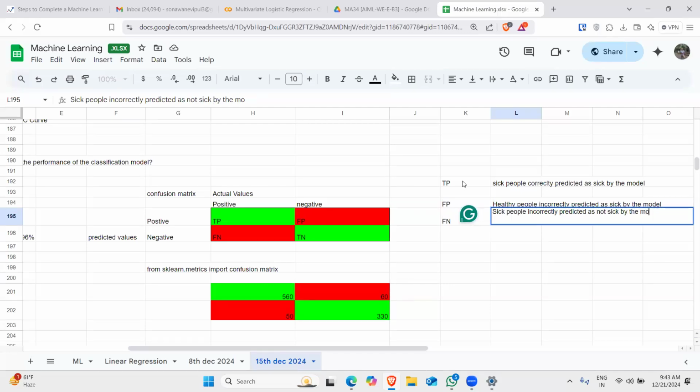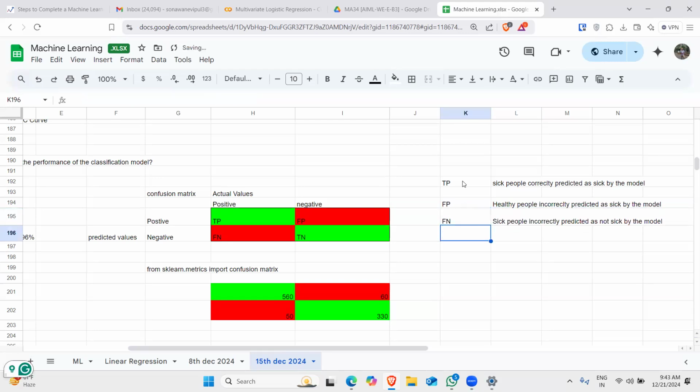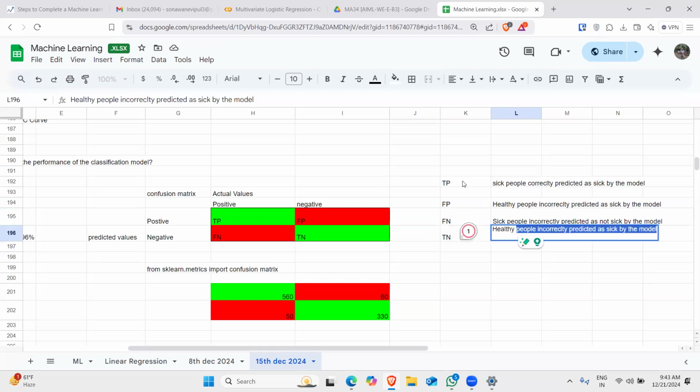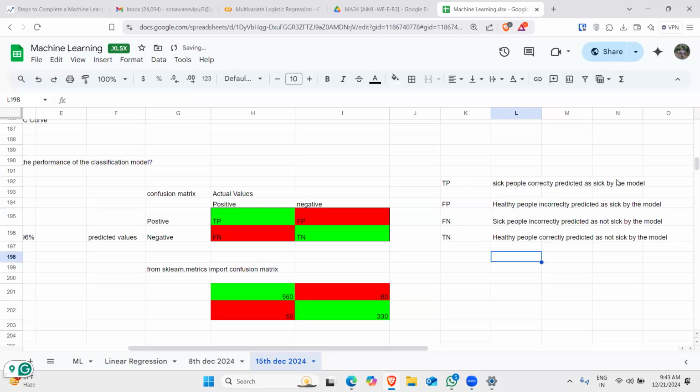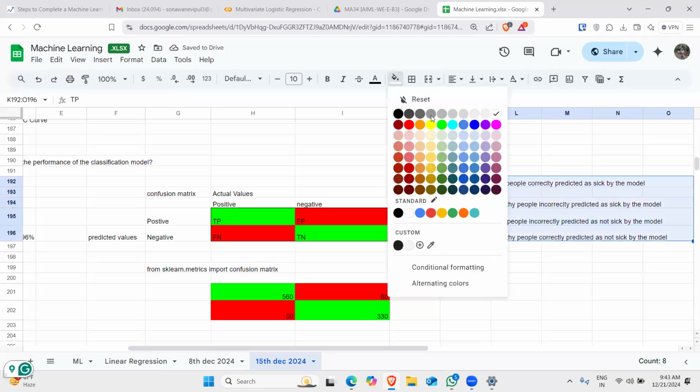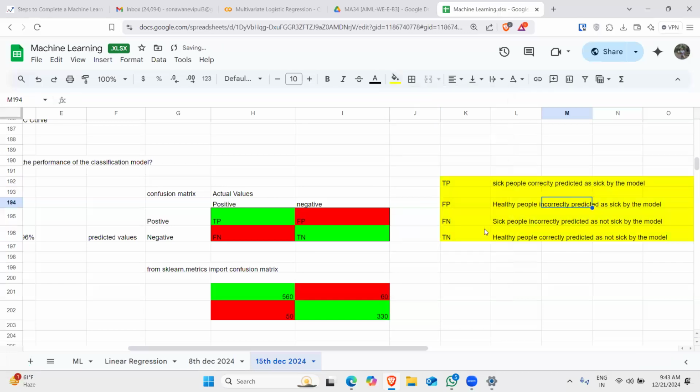Simple. And what is true negative? It is healthy people. The people we are targeting were healthy, and they are correctly predicted as not sick by the model, right? Simple.